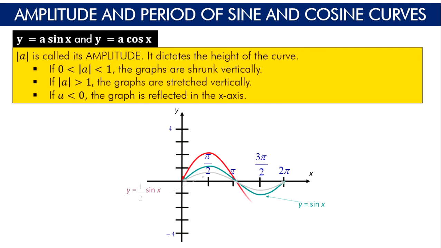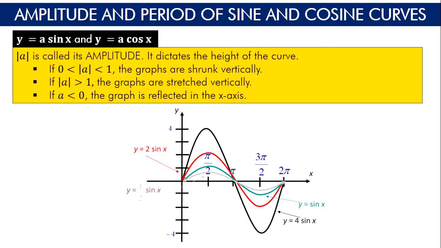In another case, let's say y is equal to 2 sine x. Given that a is greater than 1, the graph is stretched vertically from its parent function. And also, let's say we have 4 as our amplitude. So as you can see, it is stretched vertically.